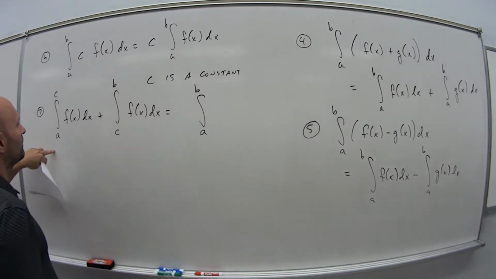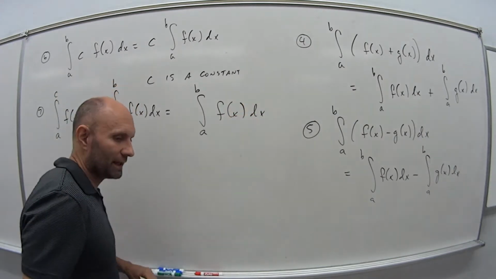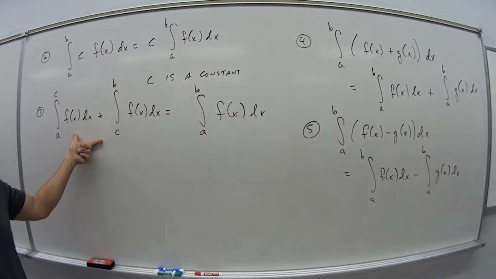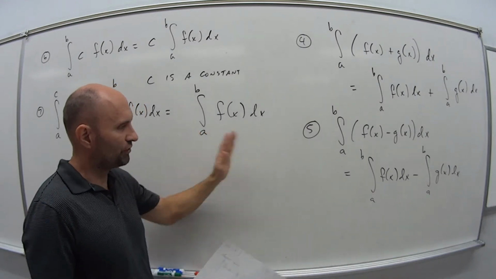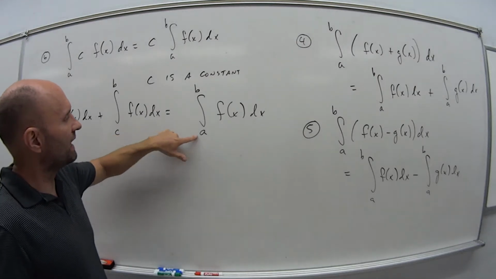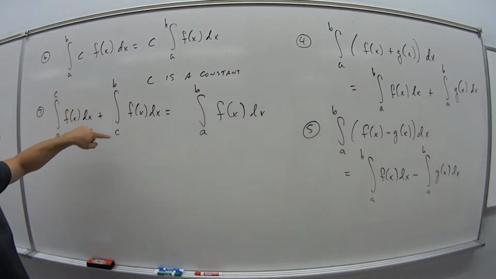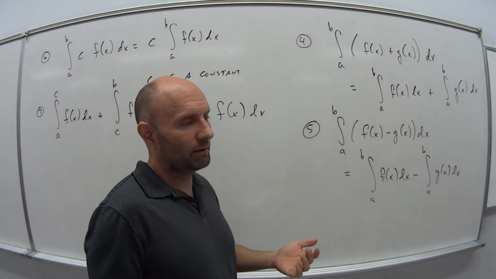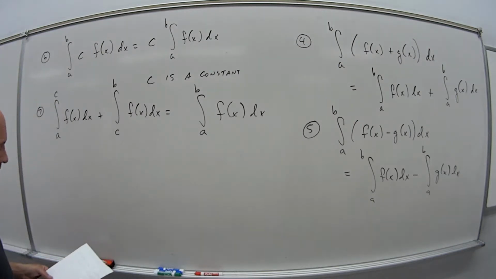I thought we were starting with that piece. And again, this one, you're more often going to see it going this way. So it might be easier to break up our integral from a to b into two separate integrals, stopping at one point. So maybe let's say this was from -1 to 1. It might be easier to go from -1 to 0 and 0 to 1, and then evaluate those two integrals. If we're evaluating the integral of an absolute value function, something like that, it'll be easier to break it into pieces.